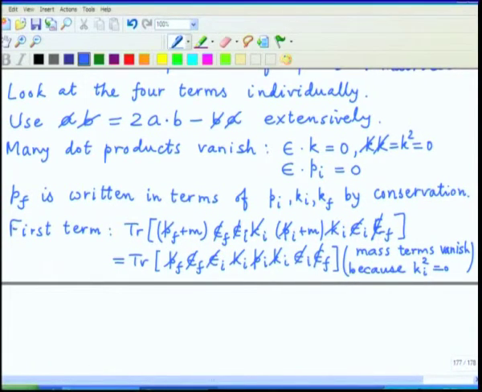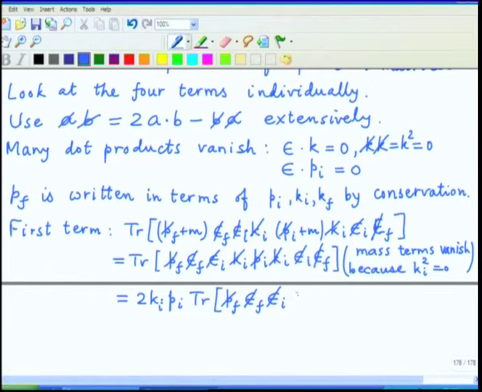So, we can rewrite this object as 2 k I dotted with p I, and then the trace of p f slash epsilon f slash epsilon I slash.